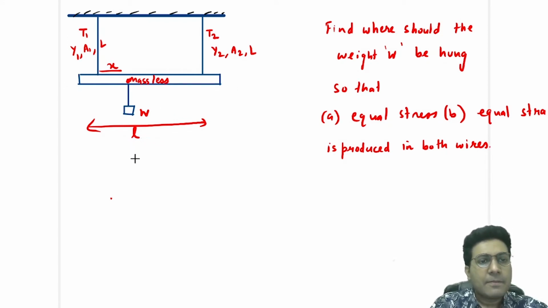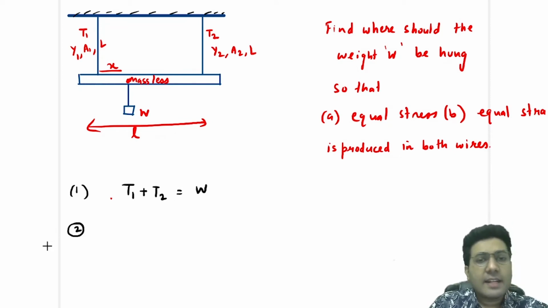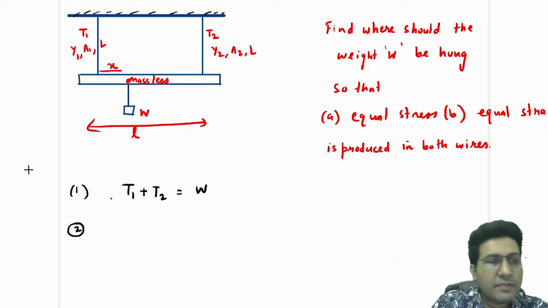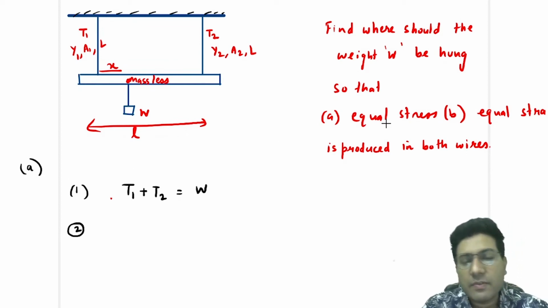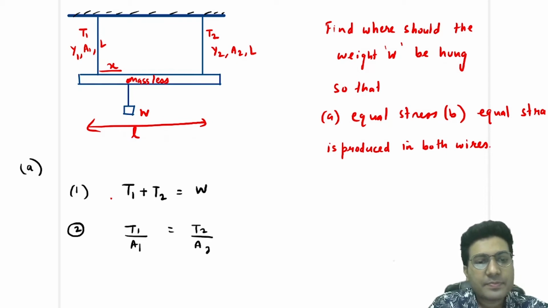Now the first equation will be, suppose the tension in this wire is T1 and the tension here is T2, then the first equation will be T1 plus T2 is equal to W. Then the second equation will be from this. So I'm solving first the A part of the question where there is equal stress. Now if there is equal stress, that means T1 by A1 has to be equal to T2 by A2.